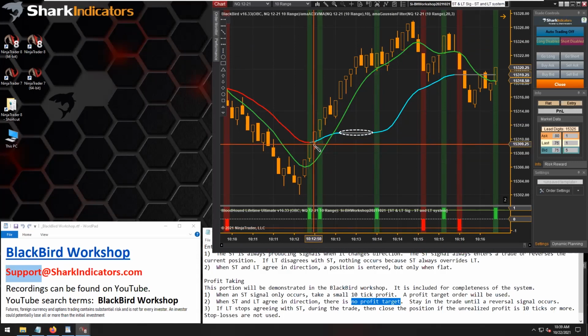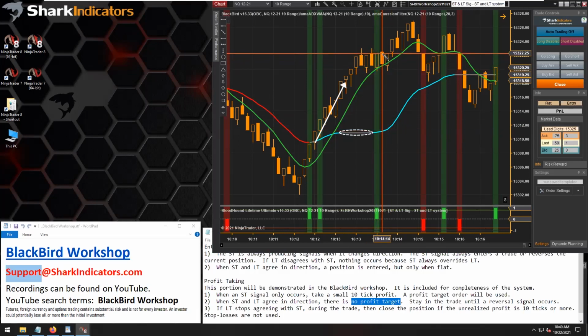Basically, I'm going to draw some arrows here, right? So here's our first signal, so we'd get in with a market order roughly there, and then we would close out the position roughly somewhere there because the long-term indicator, right, stopped agreeing. So we would be flat on this bar at the open of this bar. And then we have another entry signal, which is a short-term and long-term entry signal.